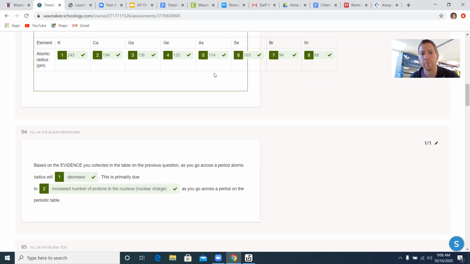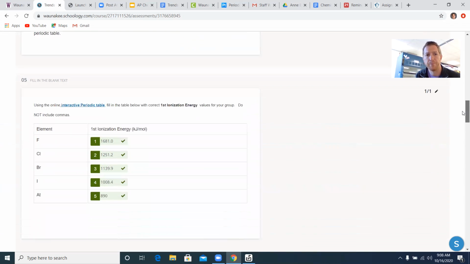You gain more protons. Those protons attract the same number of electron shells to bring them in a little bit closer. Again, a very common question that students got partial credit on because they weren't sure.